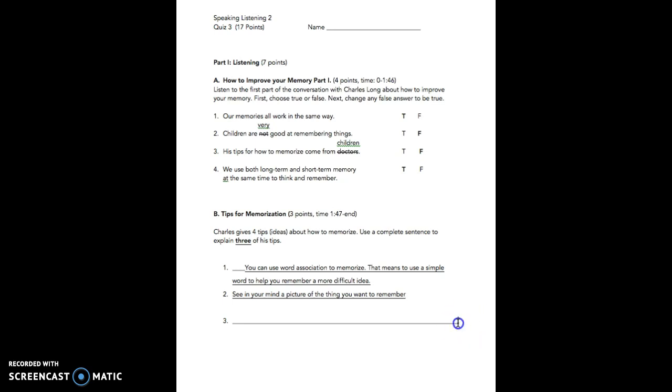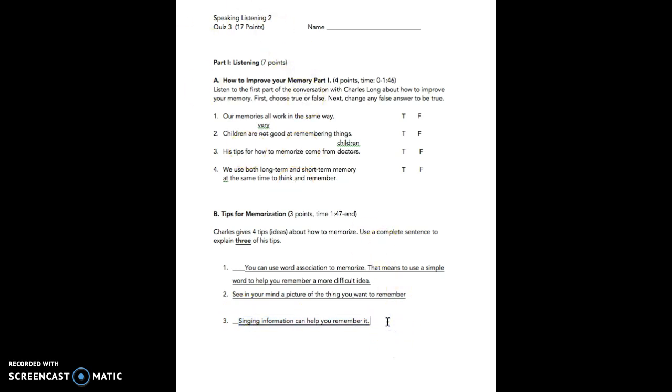All right, so most of you got the word singing, but if you just wrote singing, you only got half a point because you need to write a sentence. So singing what? So singing information can help you remember it. Some of you wrote singing can help you learn English. He's not talking about just learning English.